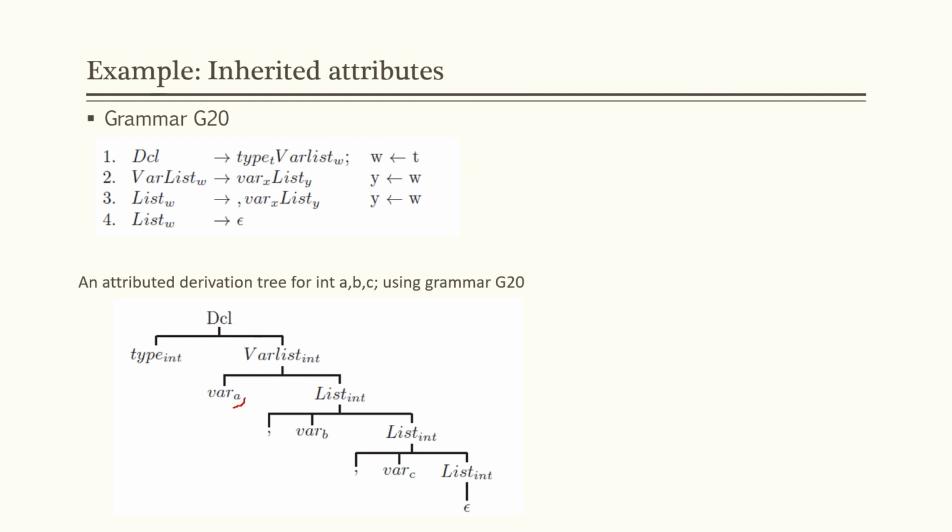Variable a will depend on the type on the higher node, which in this case is integer. So this is what we call inherited: the value of a depends on the upper nodes or higher nodes of the derivation tree.